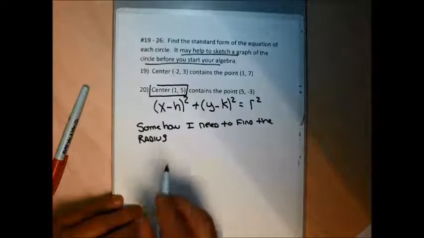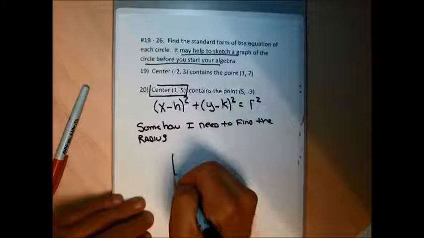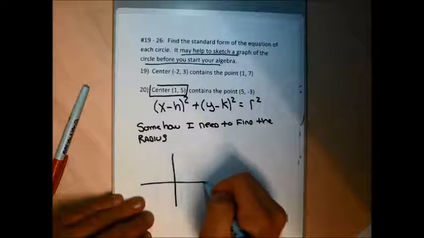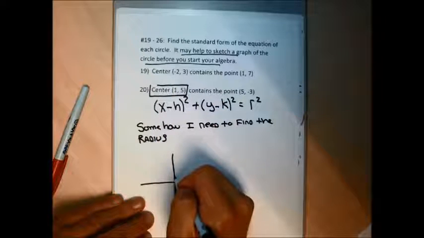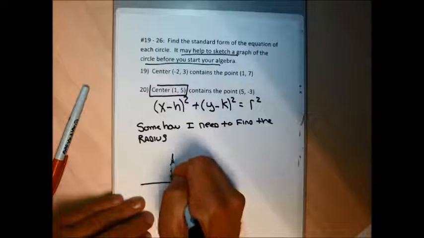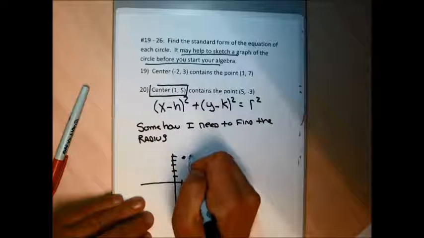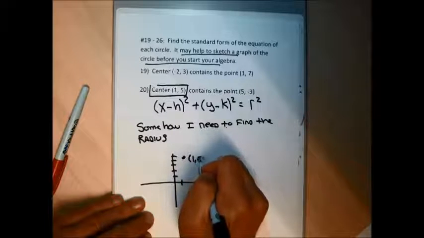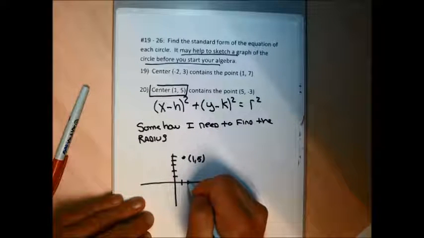So let me sketch a graph of this circle the best I can. It has a center at the point 1, 5. So here's my point 1, 5. And it goes through the point 5, negative 3.